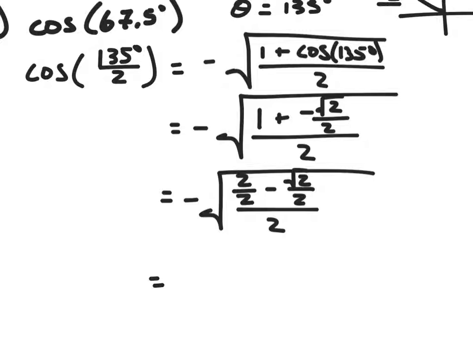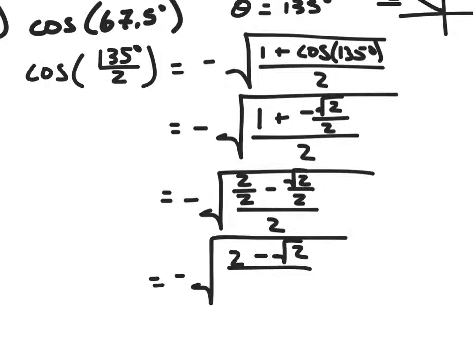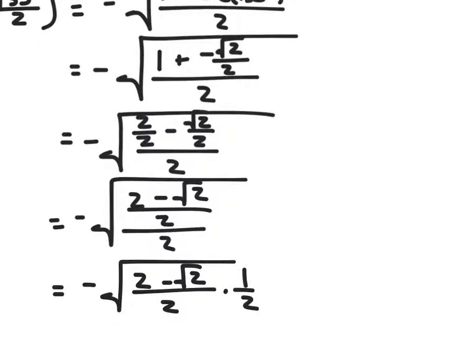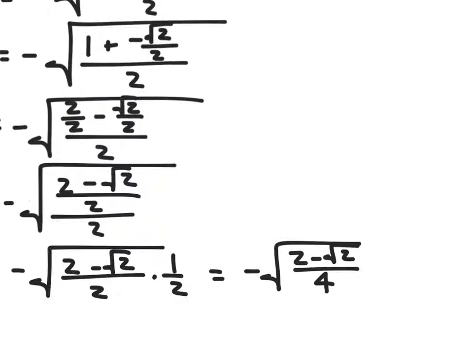So we're going to get negative square root 2 minus the square root of 2 all over 2 divided by 2. And then from there, negative square root of 2 minus the square root of 2 all over 2 times a half. So then this will give us negative square root of 2 minus square root of 2 all over 4. Okay, you can leave it like that.